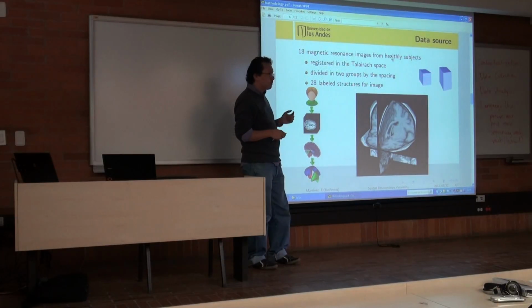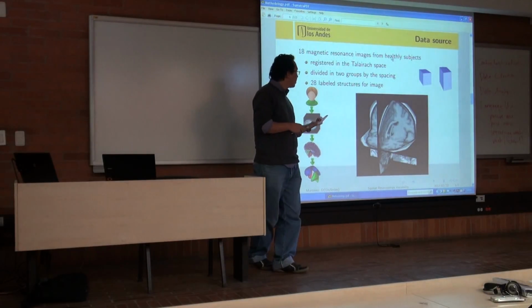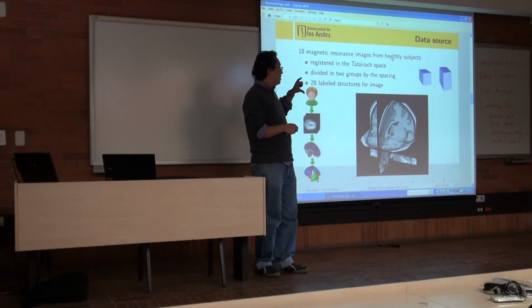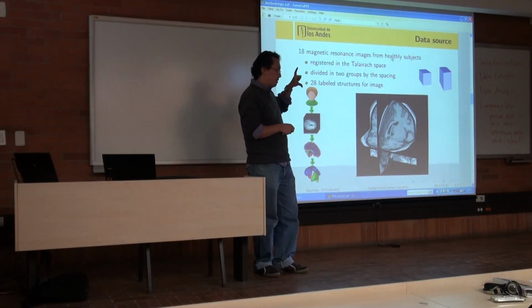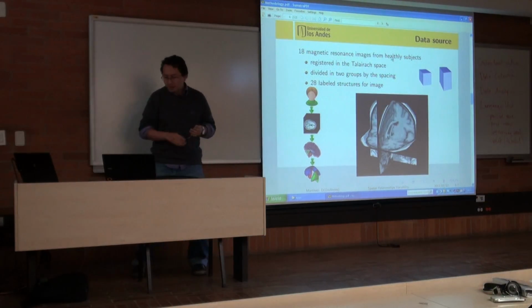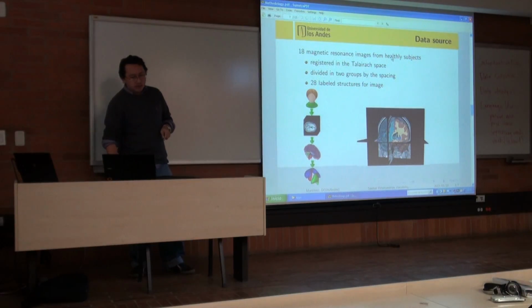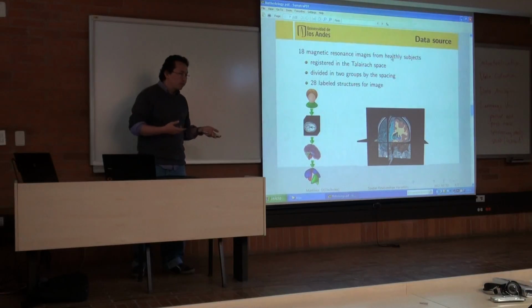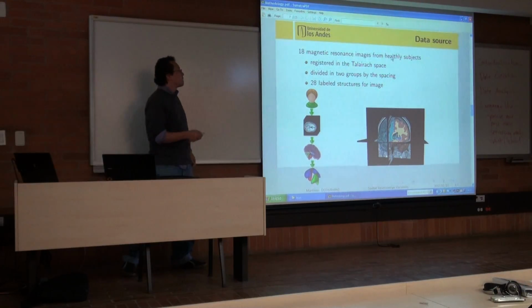One is a square, 1 millimeter by 1 millimeter by 1 millimeter, and the other one is taller, 1 millimeter and a half. That's important for the comparisons and the definition of the relationships.